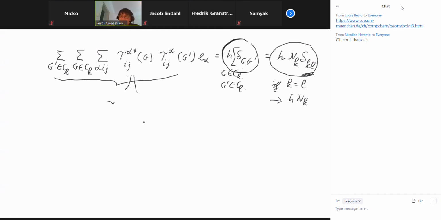So then we only need to consider the case when K is equal to L. So when the K is equal to L, then I will just have the sum over G prime equals G. And there are NK elements in the class CK.